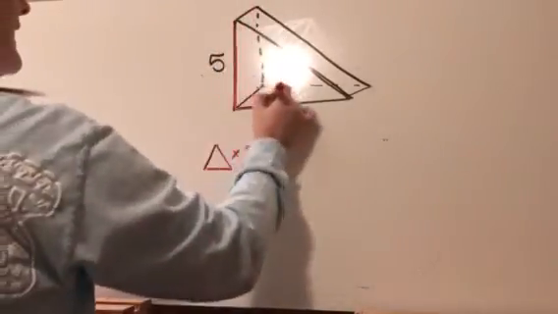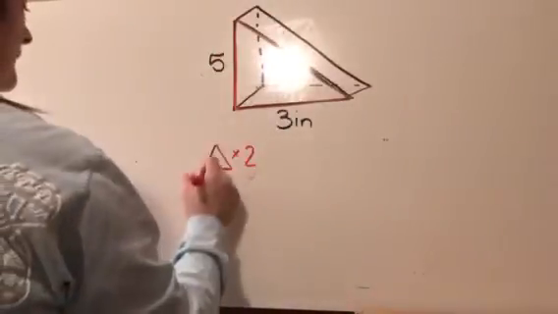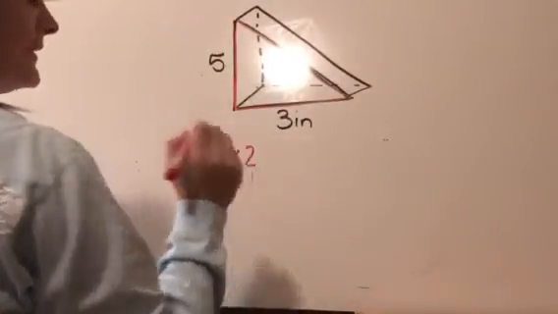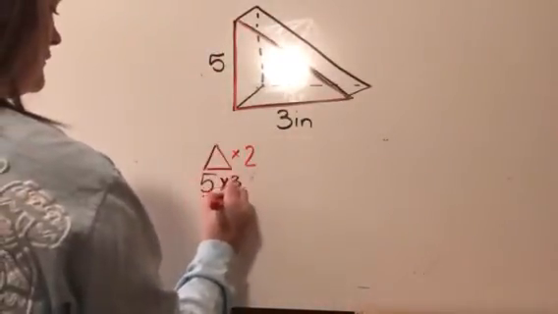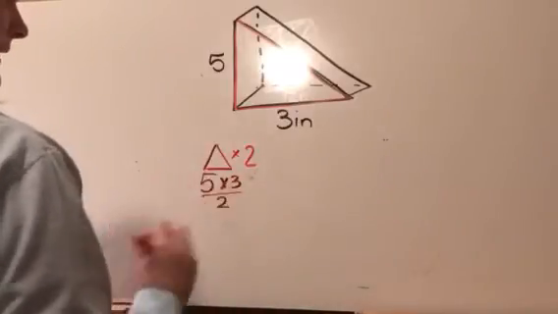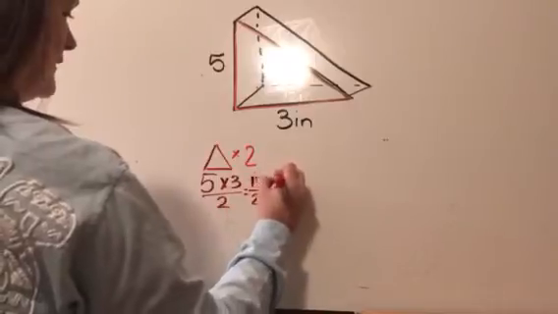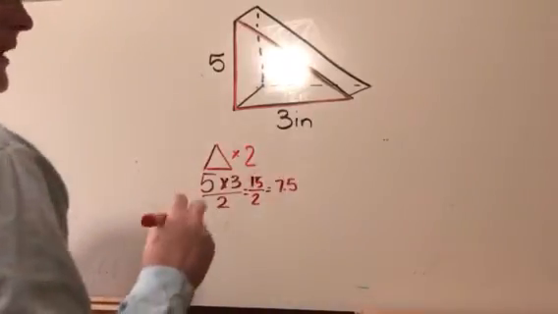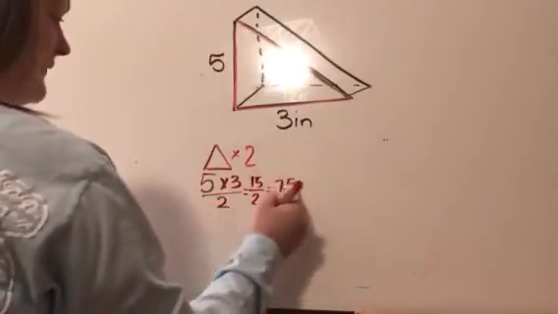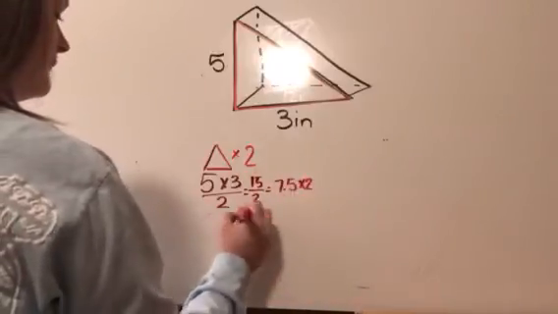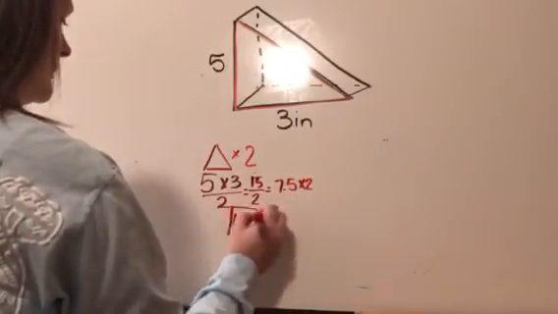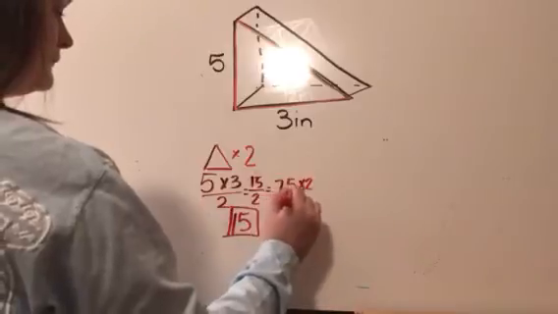So we're going to do 5 times 3. And remember, we divide it by 2 because it's a triangle. So 5 times 3 is 15. And we're going to divide that by 2, which is 7.5. Now we have two of those. So 7.5 times 2 is 15. So we're kind of back to where we started on that one.